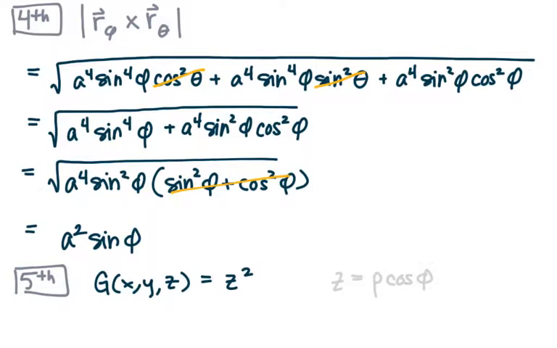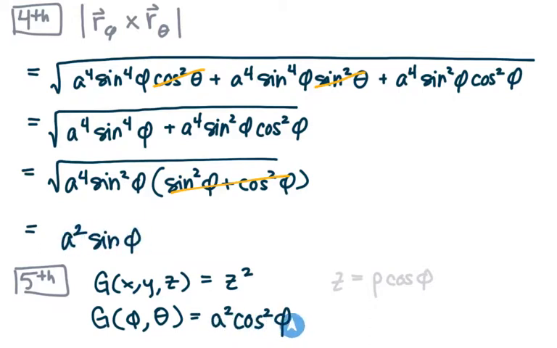And in this situation, our rho, the radius of that sphere, is a. So this is going to be a squared. We'll say that g of phi, theta is a squared cosine squared phi.